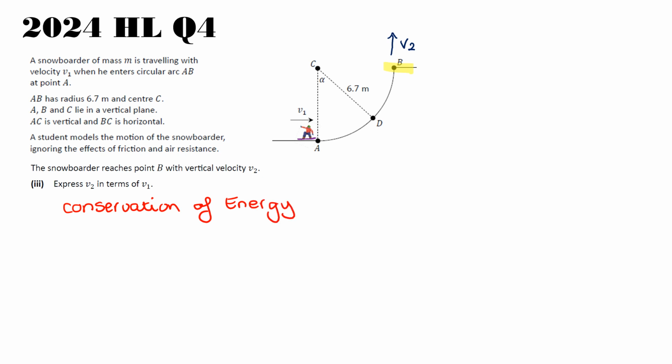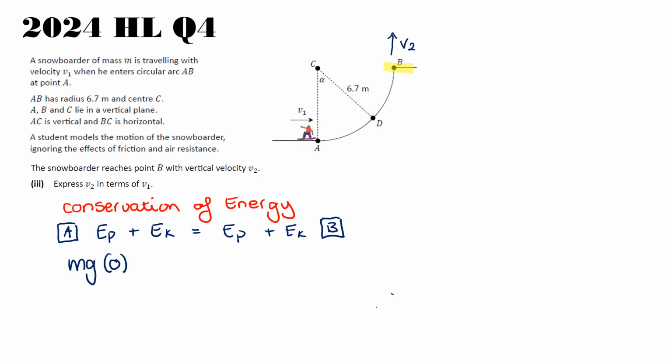So when we have the energy at A, so at A, we have potential plus kinetic, and that should equal the potential plus the kinetic at point B. So here we have the potential at A is going to be mg, and there is no height.